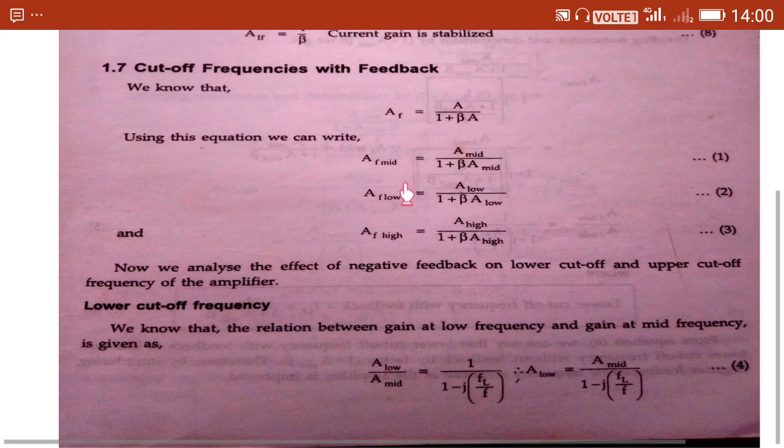Now first of all, we'll derive the expression for lower cutoff frequency. Now we know that the relation between gain at lower frequency and gain at mid frequency is given as A low is equal to A mid upon 1 minus j FL upon F. What is FL?